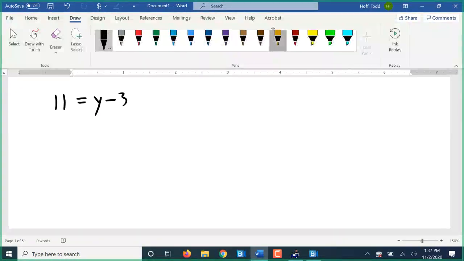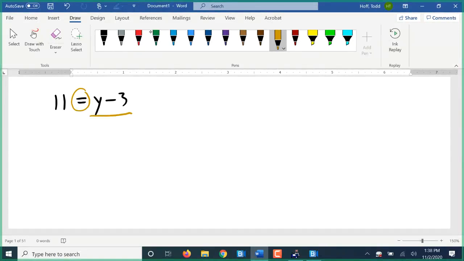To figure out how it was built, we find the equal sign. We identify what side the variable's on, that's over here. Then we ask ourselves, what is keeping the variable from being by itself on that side of the equation?